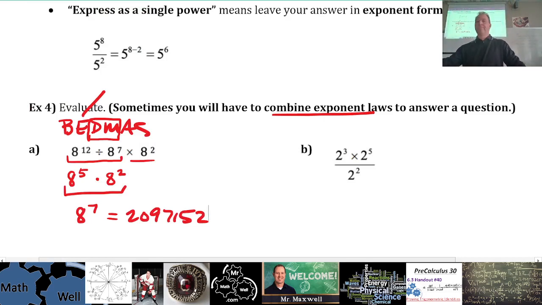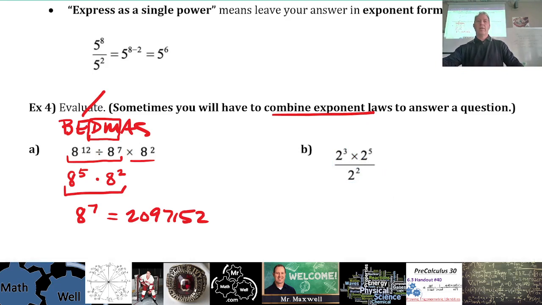Okay, B. Now, if it's written like this, okay, what do we do? Do we do the division first here with one of those, let's say, and then do the multiplication afterwards? As a matter of fact, if they're all the same base, it's okay to do it that way. But that's a little bit awkward, right? And sometimes when there's lots of different operations, it gets a little tricky.